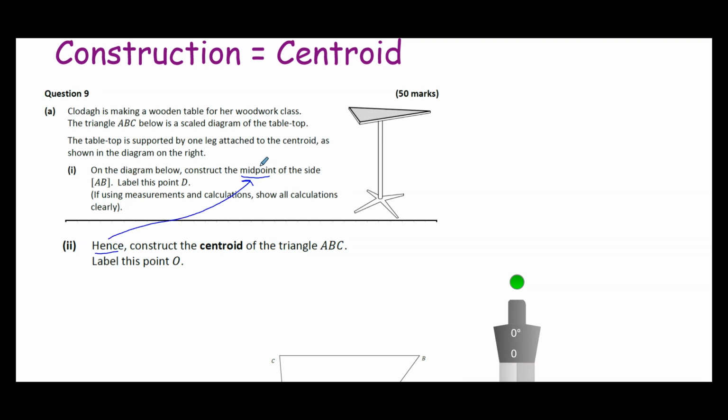With that knowledge of the midpoint, they are saying construct the centroid. So the reason why they are pointing you to the midpoint is because for the centroid, you connect the midpoint of a side with the opposing vertex of the triangle.